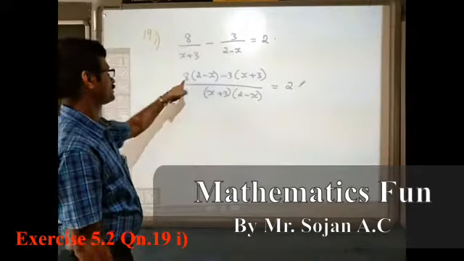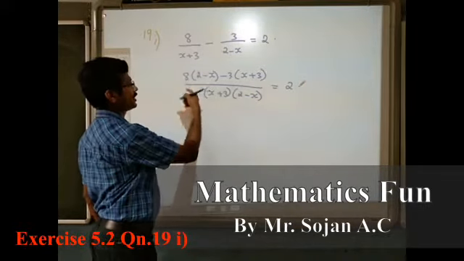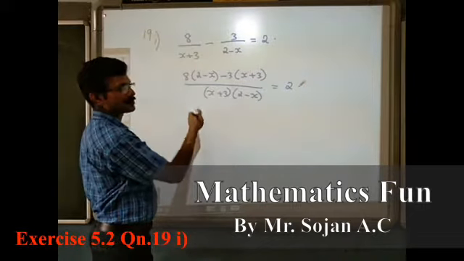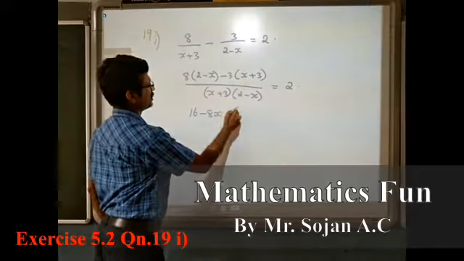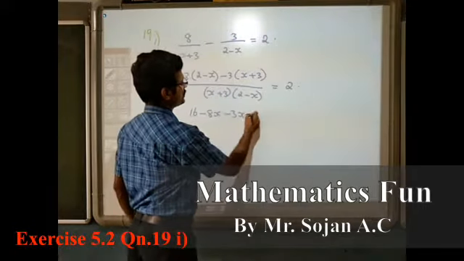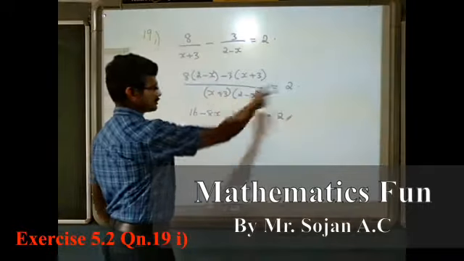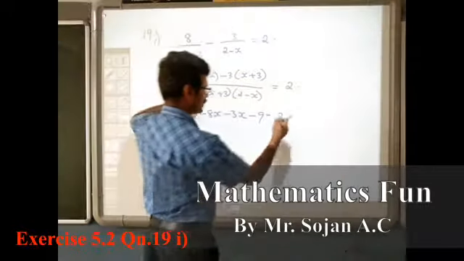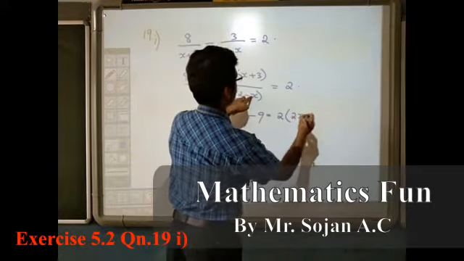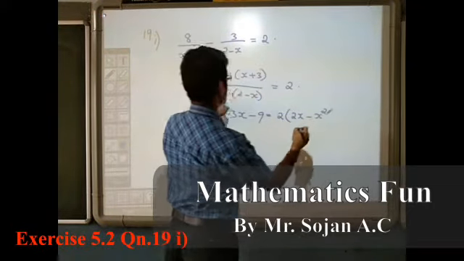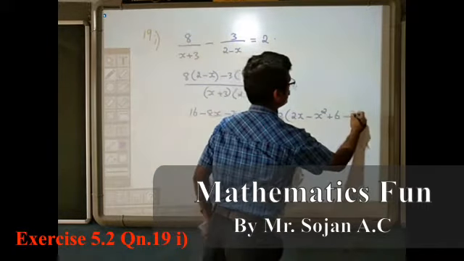Now for the simplification, I am doing cross multiplication. 16 minus 8x minus 3x minus 9 is equal to 2 times the other side, which I am cross multiplying: x into 2 is 2x, minus x square, plus 6 minus 3x.